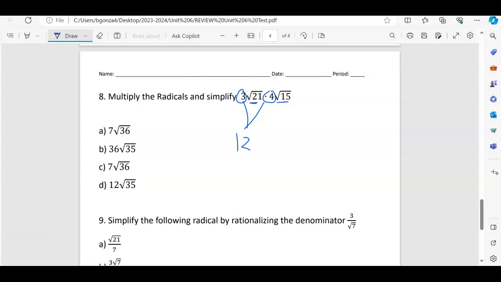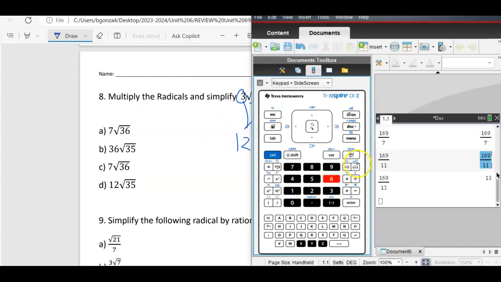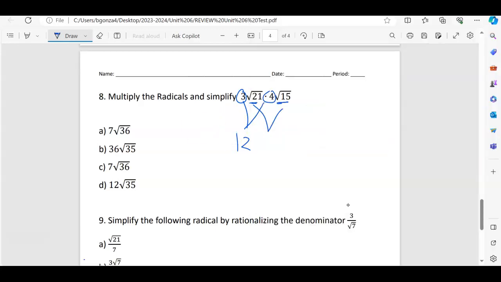And then 21 times 15 is 315. Square root 315. Now look, 12 square root 315 is not an answer here. D looks like it might be, but it's not. Okay, we need to break this down. So let's try to break 315 down.